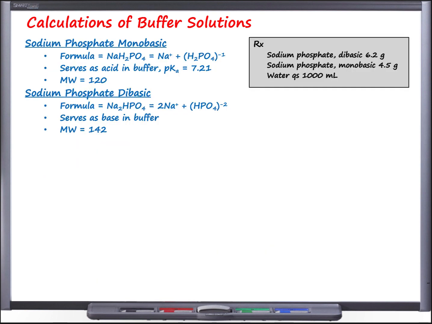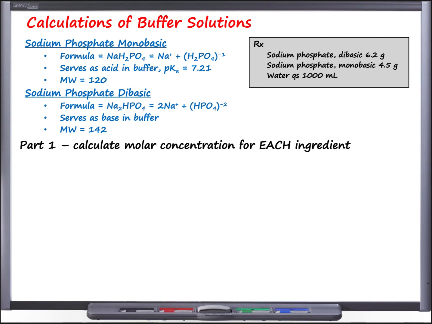So let's do that. I've recopied some of the information from the previous slide, but clearly what we need to do now is determine the molar concentration of each of our ingredients. We'll start with the monobasic sodium phosphate, and per the formula, we're going to start with 4.5 grams. To convert that to moles, remember we multiply by the formula weight in a format of every 1 mole on top for every 120 grams.